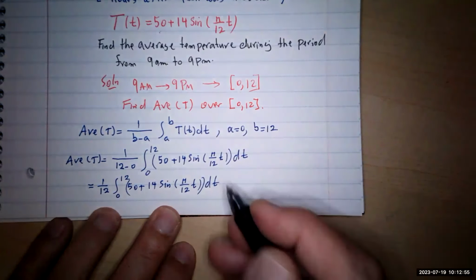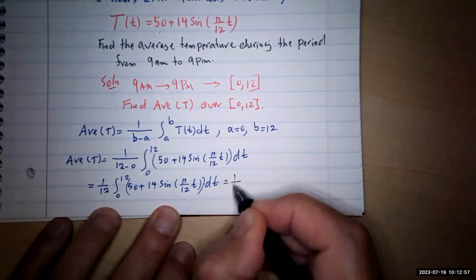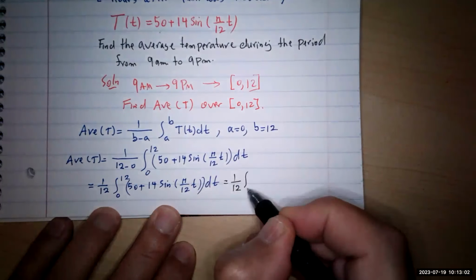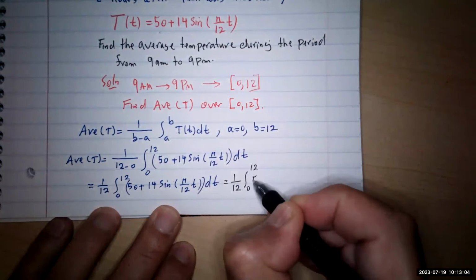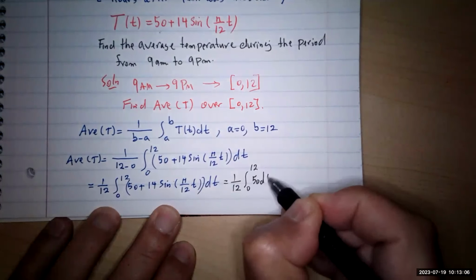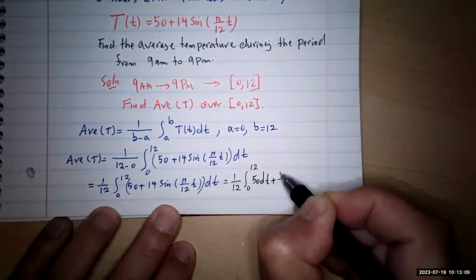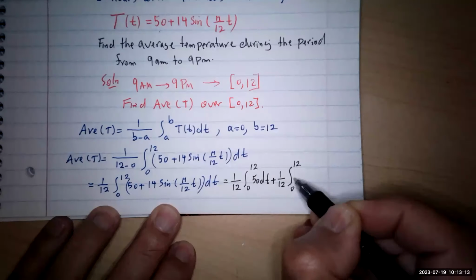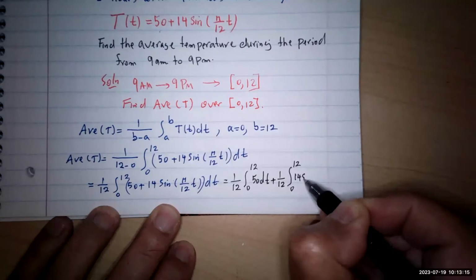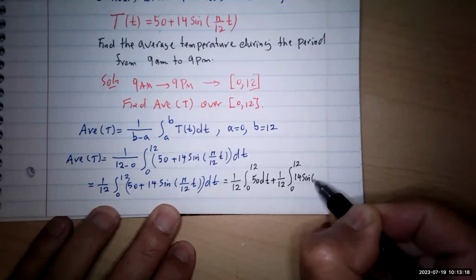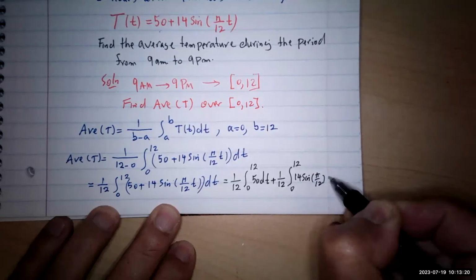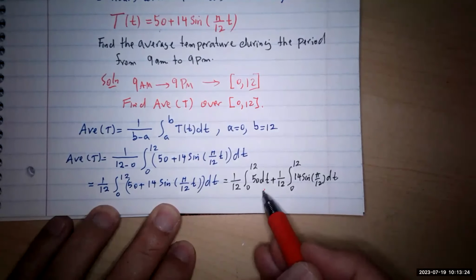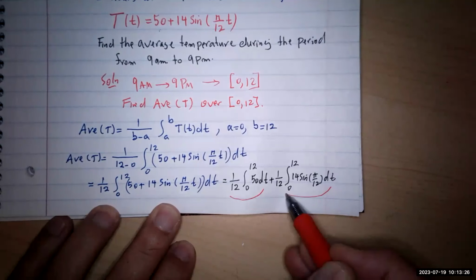So I break it into 2 parts. 1 over 12, 0 to 12, 50 dt, that's the first one, because I want to use that shortcut for the second part. And then 1 over 12, 0 to 12, second part, 14 sine of pi over 12 t dt. So I break it into 2 parts. You don't have to.